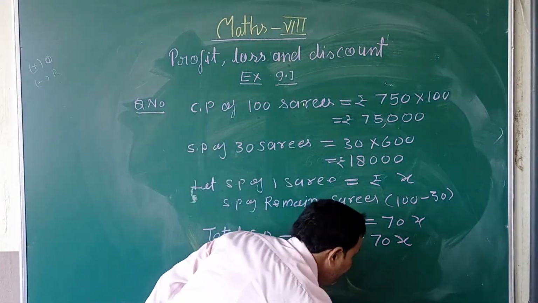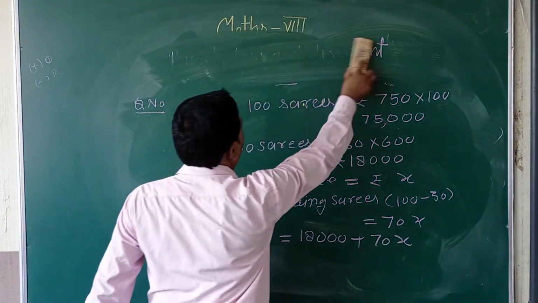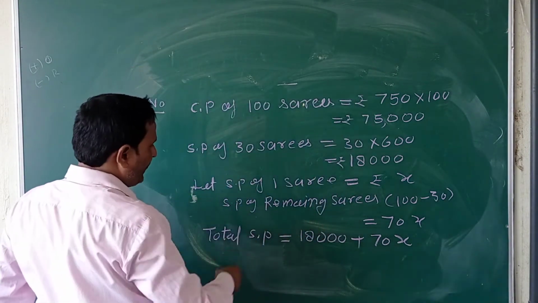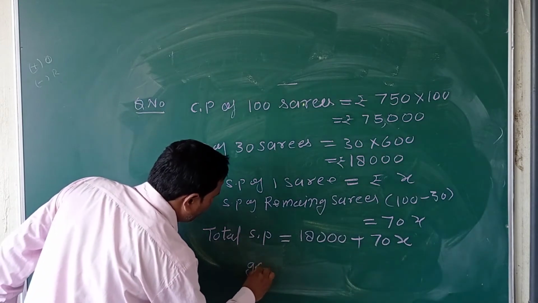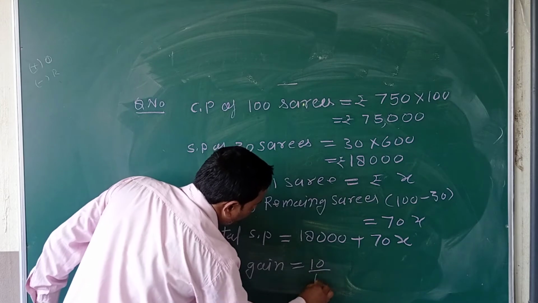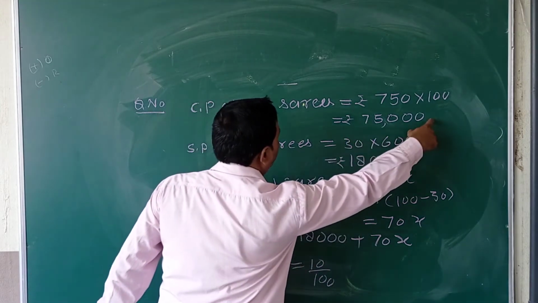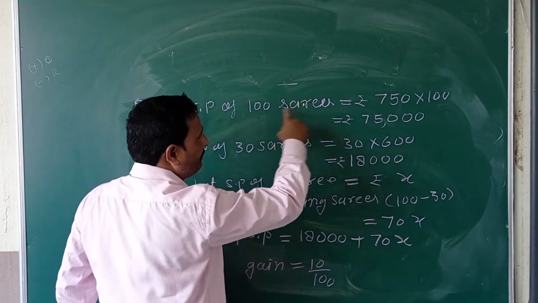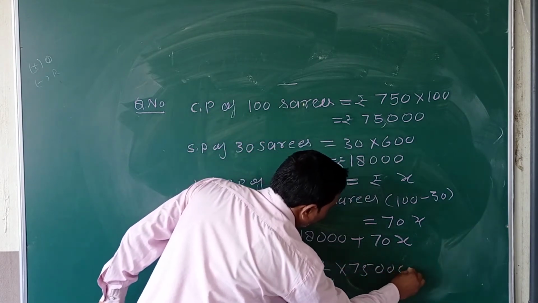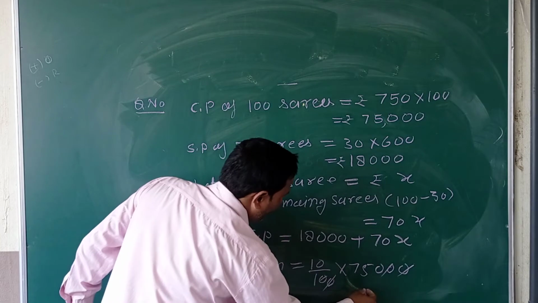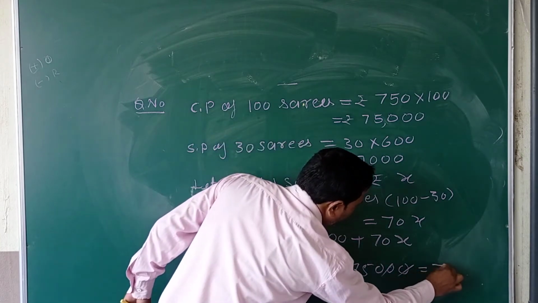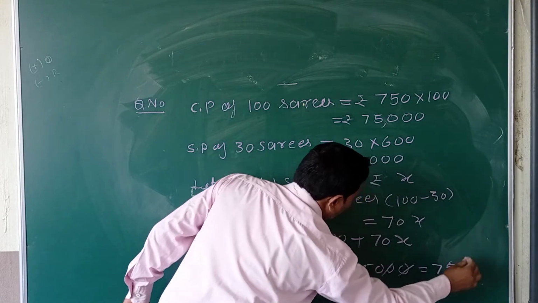Now, calculate the gain. Gain is equal to 10% of the CP of 100 saris, which is 75,000. You will get 7,500 rupees.